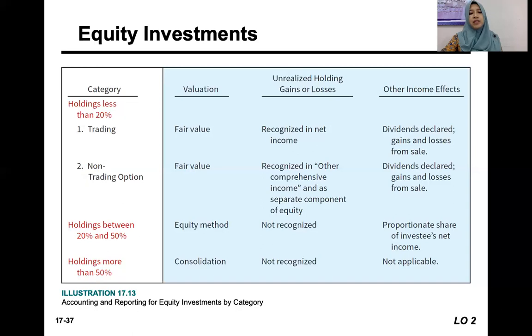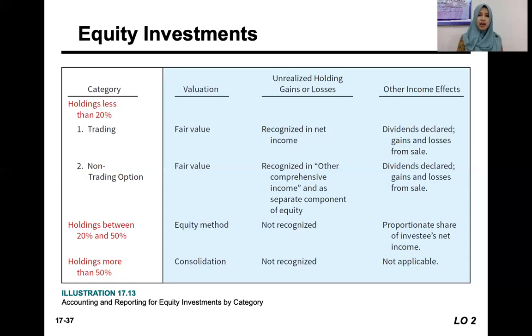Meanwhile, for the investor company that holds more than 50% of the investee's ownership interest, we use the consolidation method. We combine the financial statements.